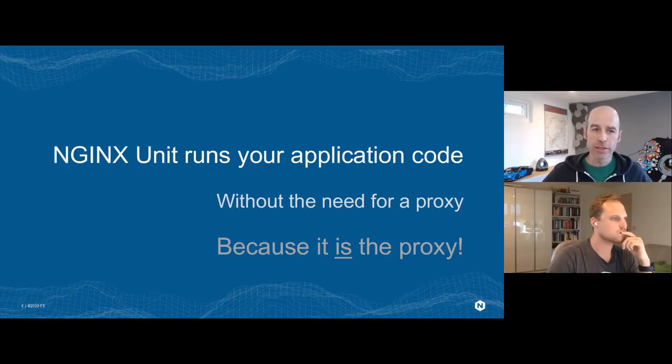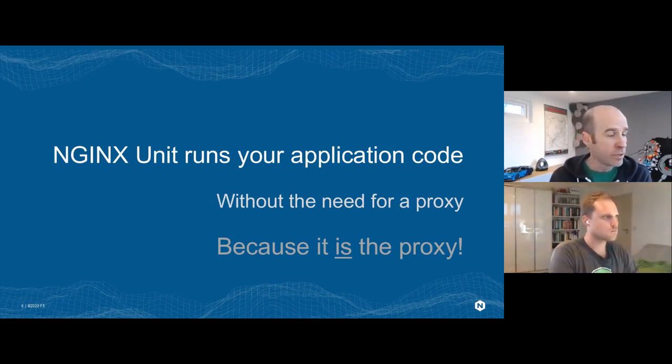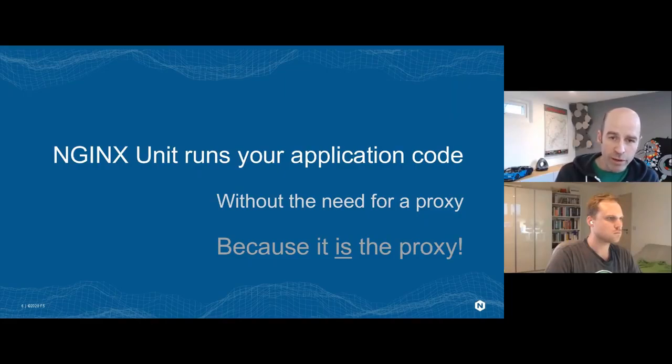And it comes down to this. NGINX Unit runs your application code. It's an application runtime or an app server, depending on the language that you typically use. You might have different terms for these things. But the key point here is that it runs your application code without needing a reverse proxy in front of the code, because NGINX Unit is also a proxy, that is, it also runs on the network.